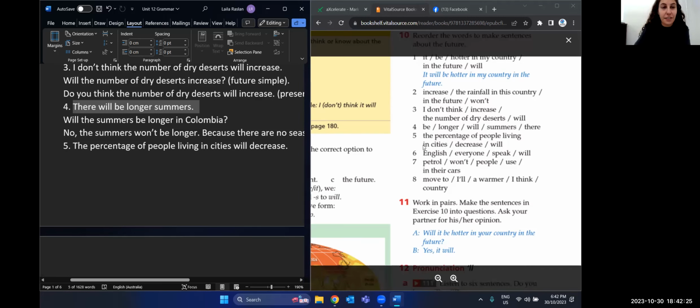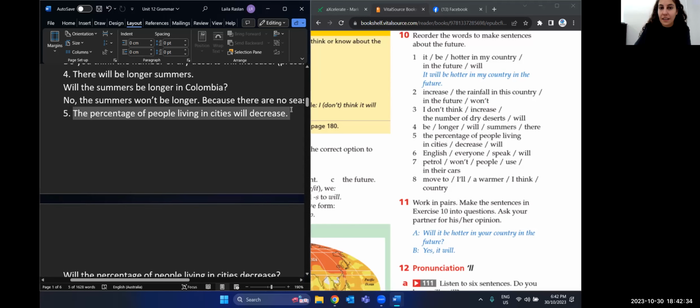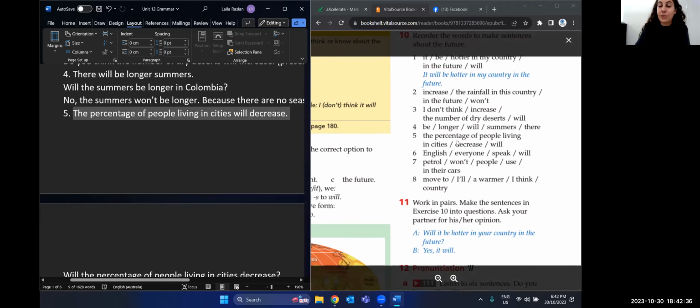Number 5. The percent of people living in cities will decrease. So always will, verb, will decrease.